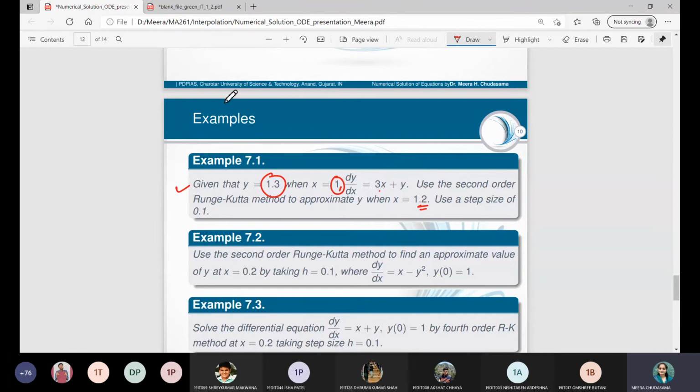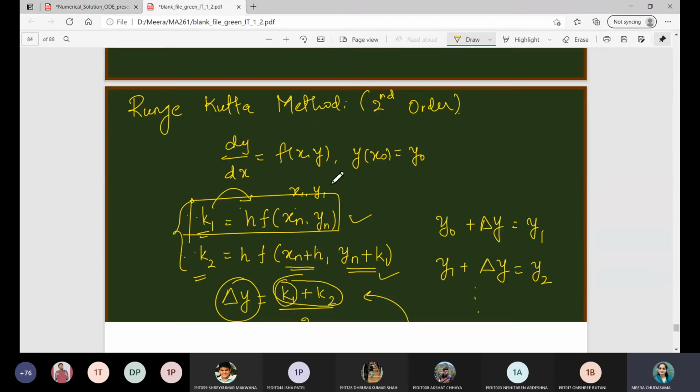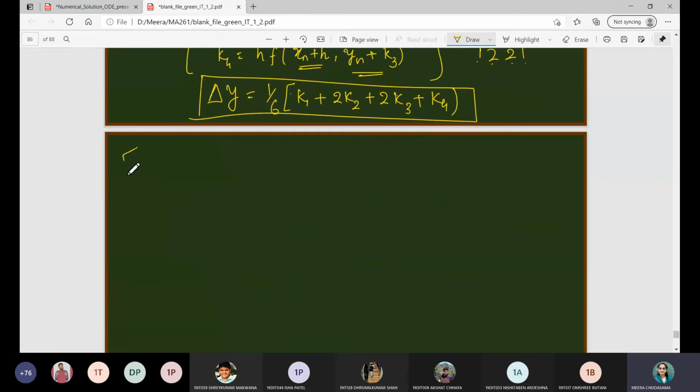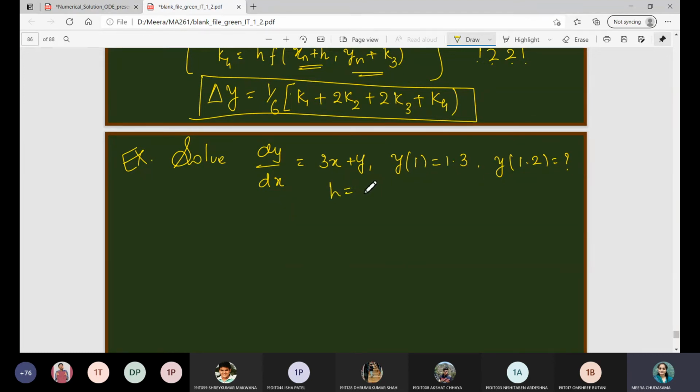So let us quickly write down the quantities we are given. I will first write the example shortly: solve dy by dx is equal to 3x plus y. Y at 1 is given as 1.3, and we are asked to use the second order Runge-Kutta method or Heun's method to approximate y at 1.2. This is the asked value, and h we are asked to take 0.1.